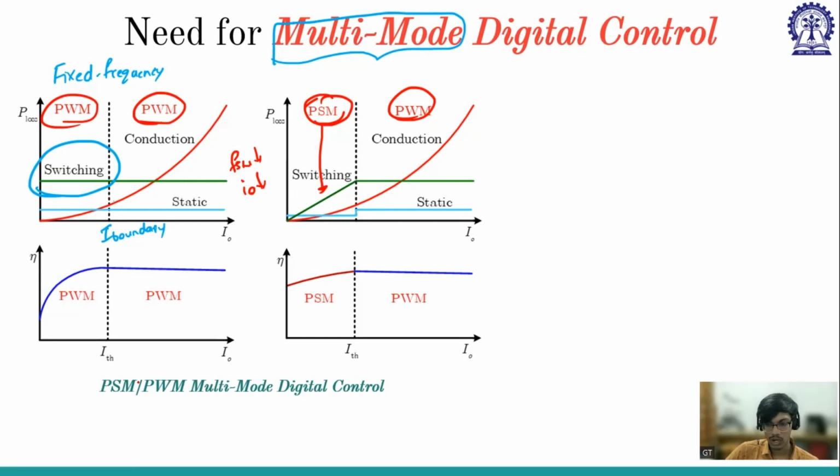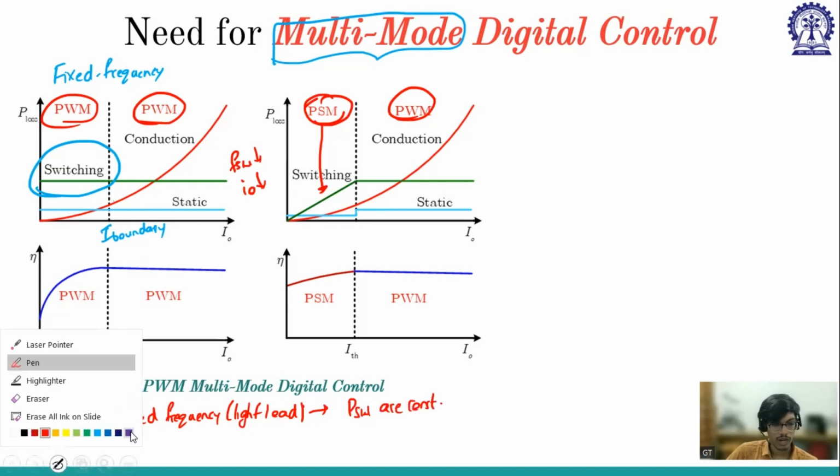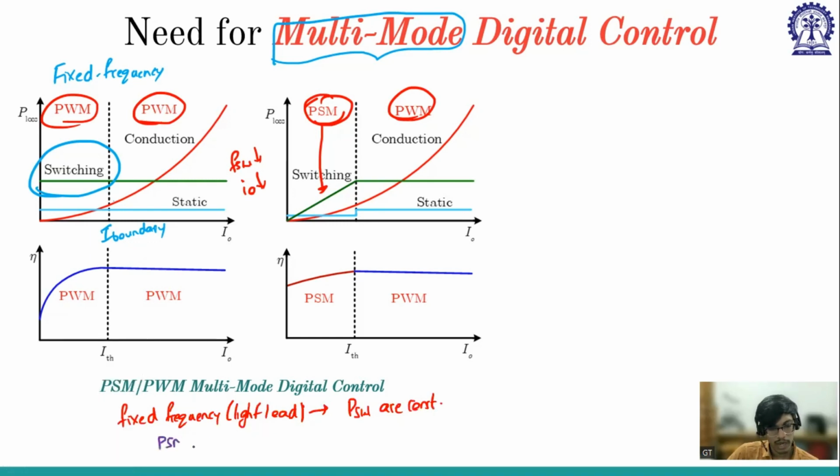So in the case of light load conditions, if you operate with fixed frequency, our switching losses are constant, and we don't want that. We want our switching losses to reduce. So when we operate in PSM, we realized in week 8 that when I0 reduces, our skip pulses will increase, which means our effective switching frequency will decrease, which means our switching losses will decrease.